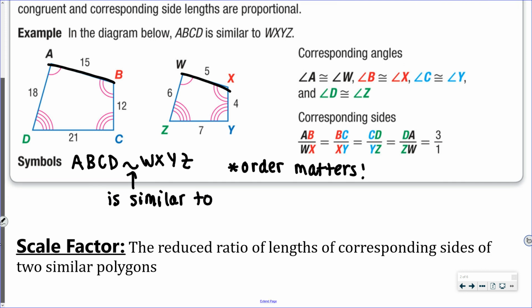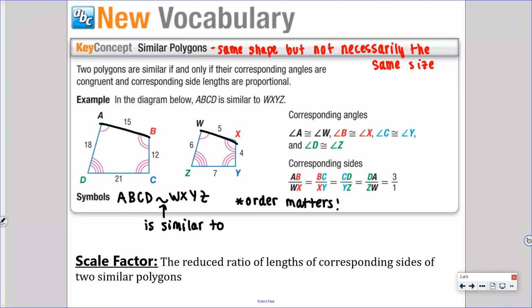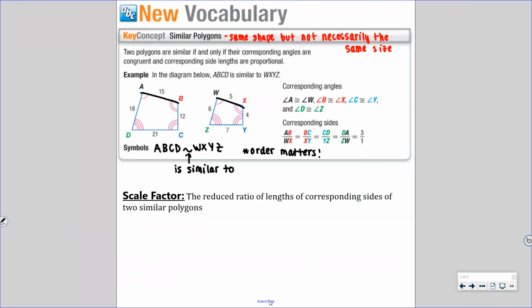All right, so I keep saying this word scale factor. Here's the definition. It's a reduced ratio of lengths of corresponding sides of two similar polygons. So what they're showing you right here, this would be the scale factor. So if I found the ratio of all the corresponding sides and I reduce them all, such as 15 to 5, that ratio of the corresponding sides is going to reduce to 3/1.